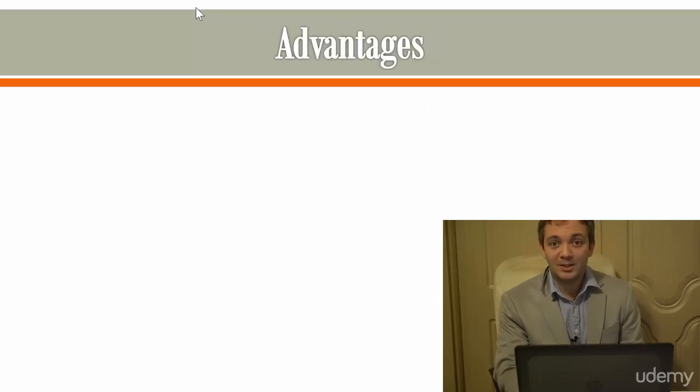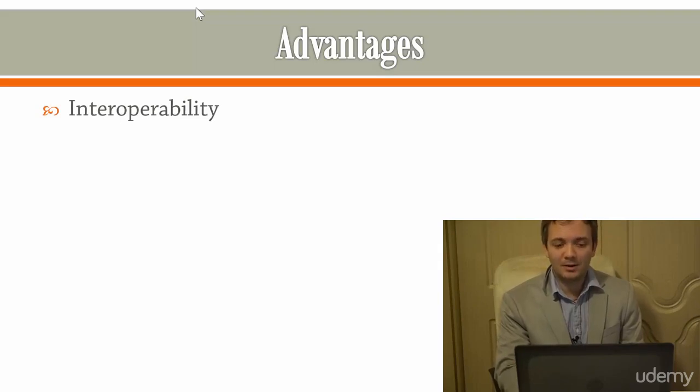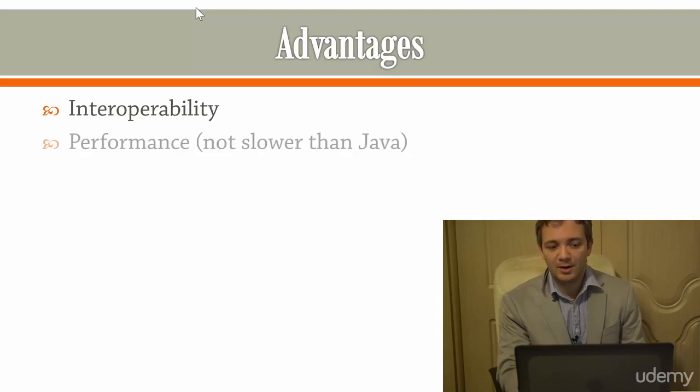All right, so what are the advantages of Kotlin? Well, the first advantage is interoperability. Now, Kotlin was made with interop in mind, and the idea is that people who are switching to a language like Kotlin might already have lots and lots of Java code bases that they want to integrate with a new language. So Kotlin is very attuned to this kind of operation. In addition, Kotlin is designed to be of a performance not slower than Java, so you're not going to experience any losses there.